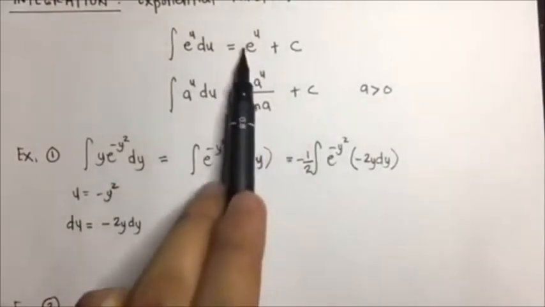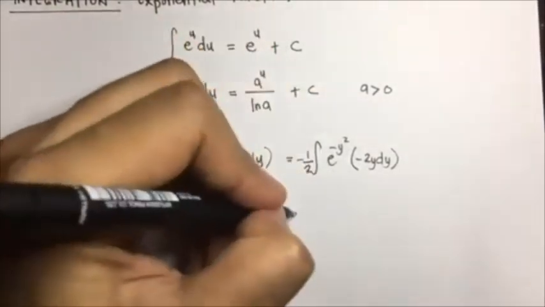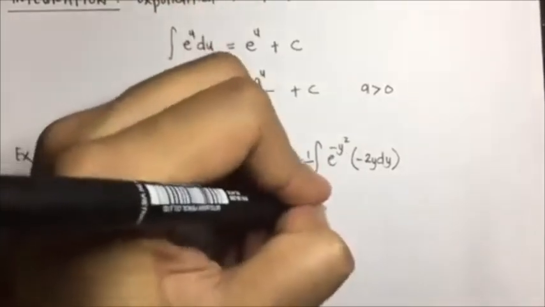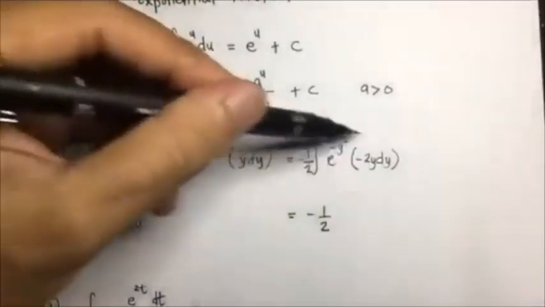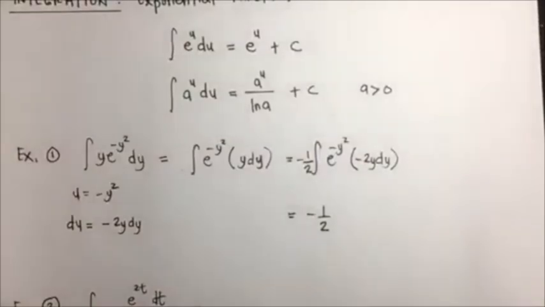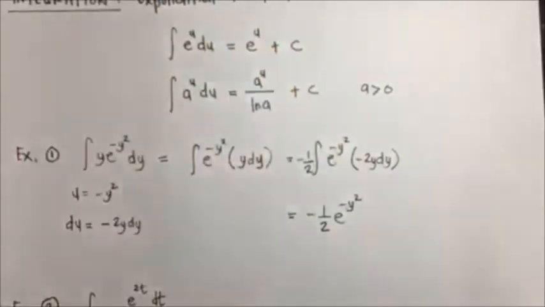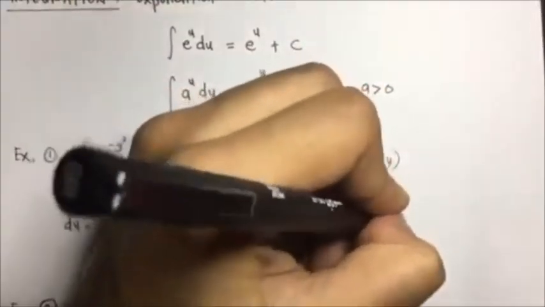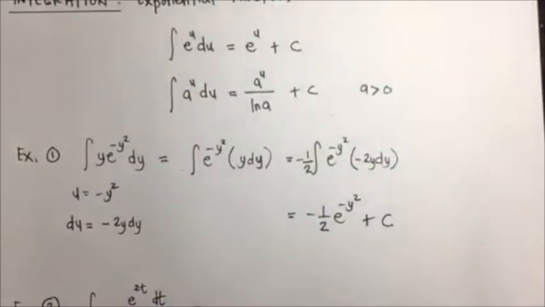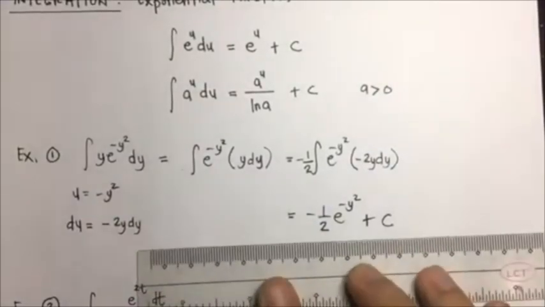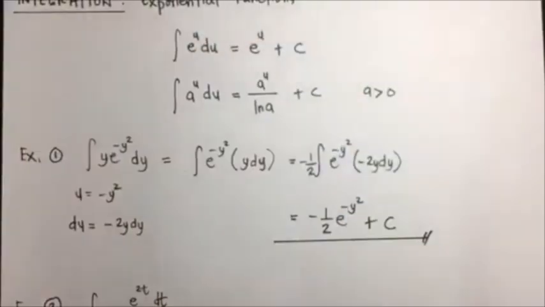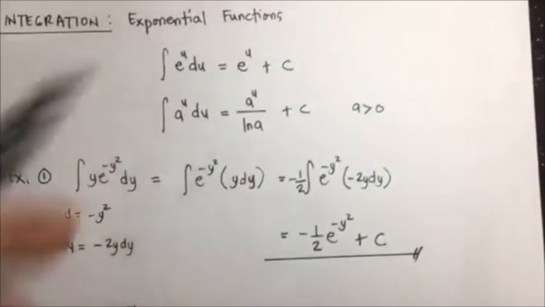All we need to do is copy e to the u, so this becomes negative 1/2 times e to the negative y squared, plus c. This is now our integral. It's that simple. All we need to do is apply that formula.